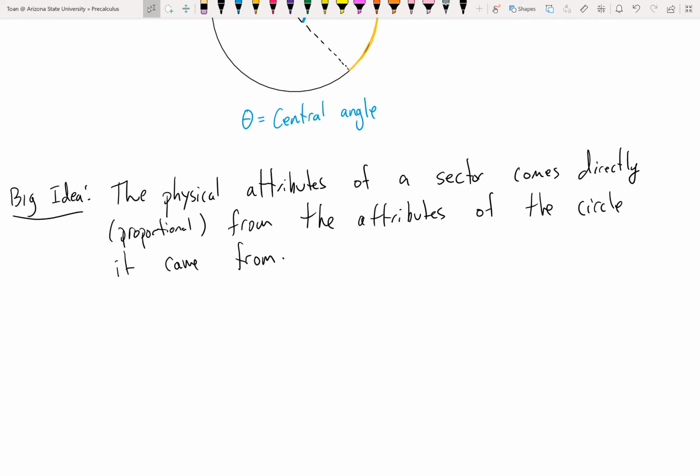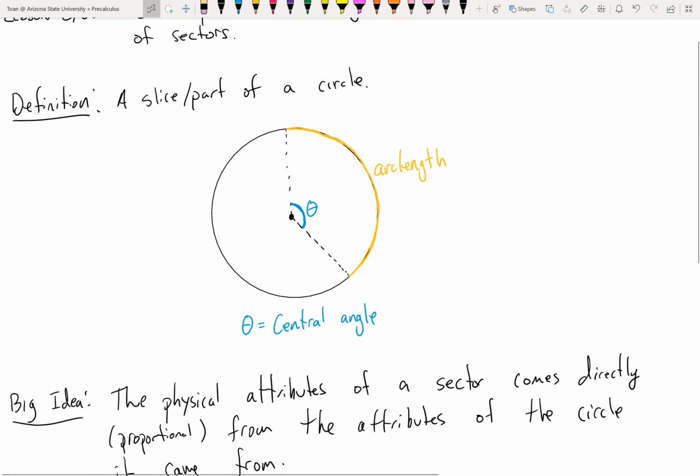Now, what do I mean by that? Well, let's just talk about some hypotheticals. Suppose I had a full circle, right? Now, this full circle has a set area and a set arc length. Let's just say that this area is 2 units squared, and I take a sector that is a quarter of a circle.